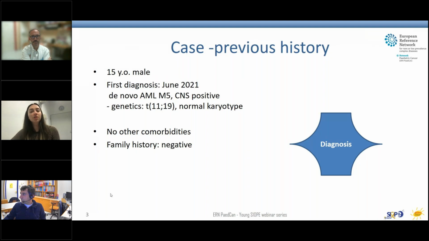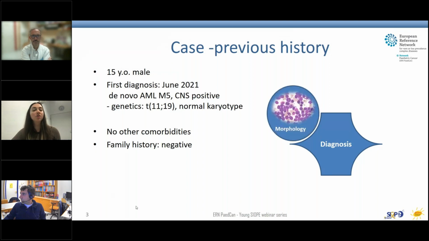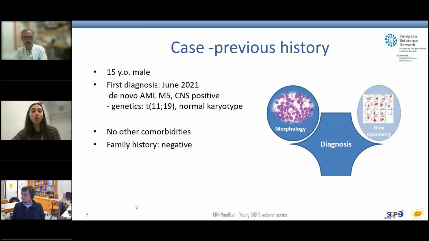So in order to start with a diagnosis of AML, which are the milestones? As I have already told you, we start with morphology. So we have a monoblastic leukemia, AML M5, according to the FAB classification. And then in order to secure our diagnosis, we need the flow cytometry so that we can define the population of the leukemic blasts with specific antibodies that are expressed on the surface.